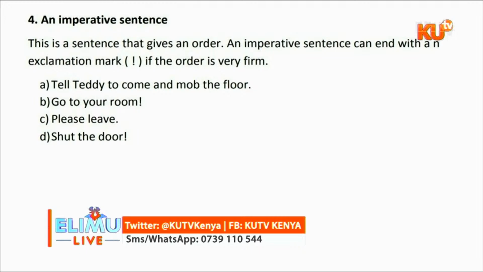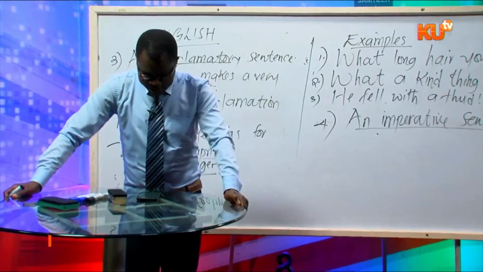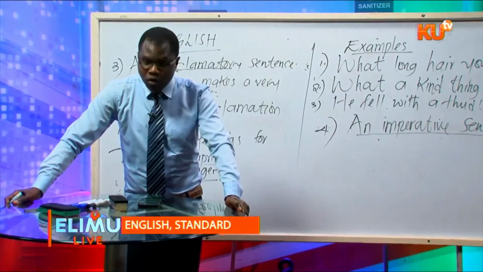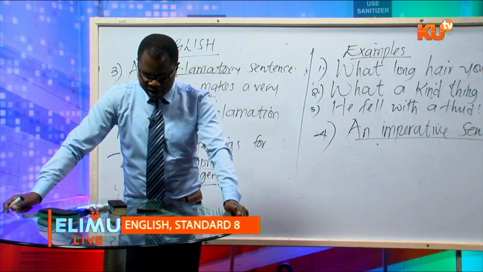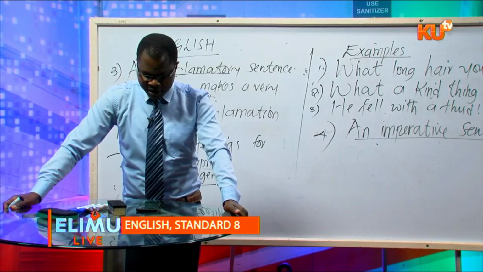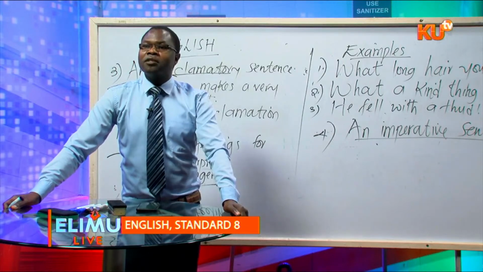What is an imperative sentence? An imperative sentence is a sentence that gives an order. An imperative sentence ends with an exclamation mark, just like exclamatory, if that order is very firm.